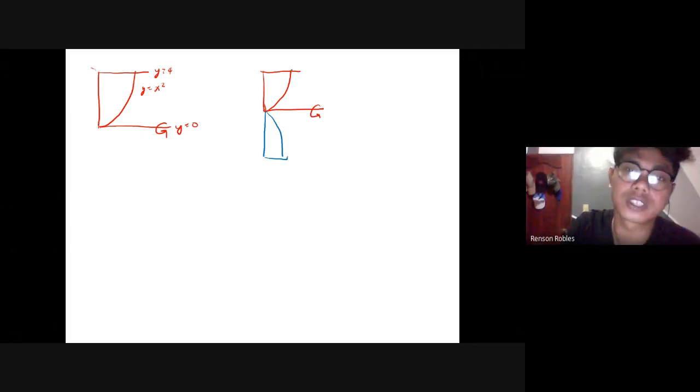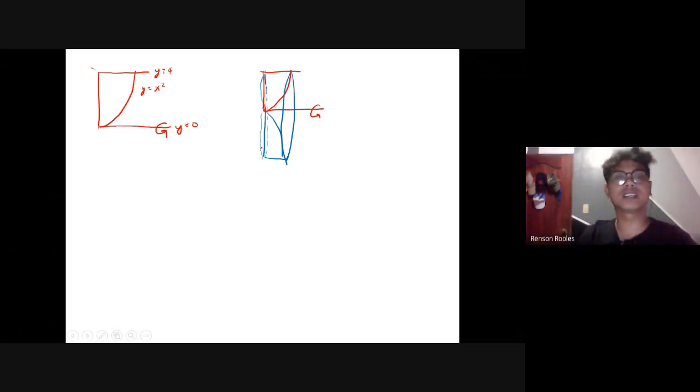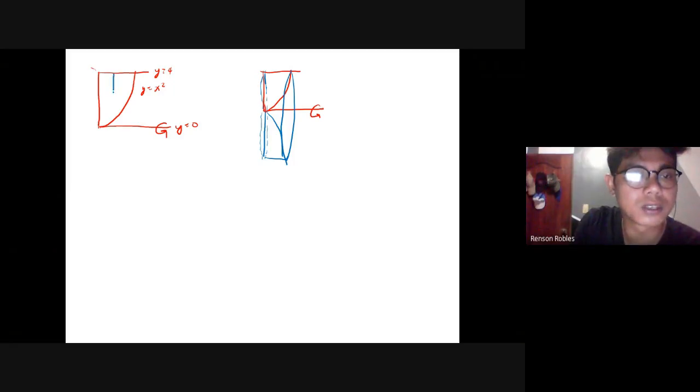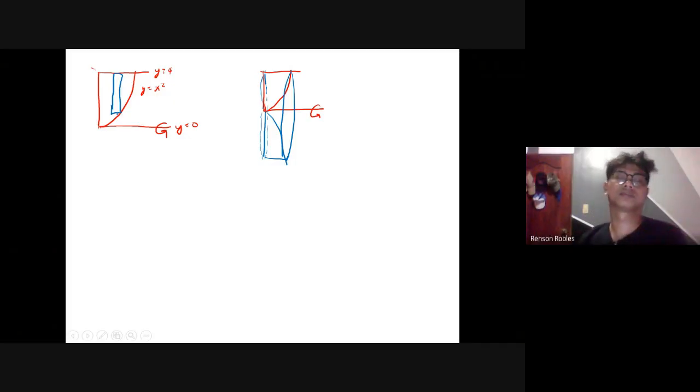Then you just put an accent here. So that is the solid we are referring to. And then what happened here is, when you take an element that is vertical, what do you see now?